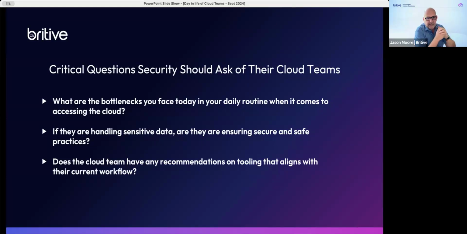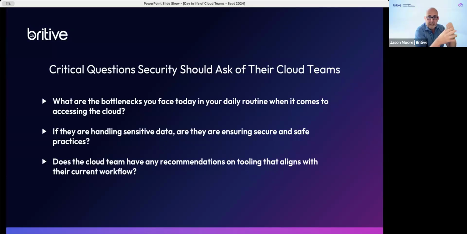And then the last one is to ask the teams what they like. Some people love the AWS console, for example, so that's how some users go to work every day. Others love the CLI. For us at Brightive, we have a CLI tool that you can live in, and you can work across multiple clouds from one command line.